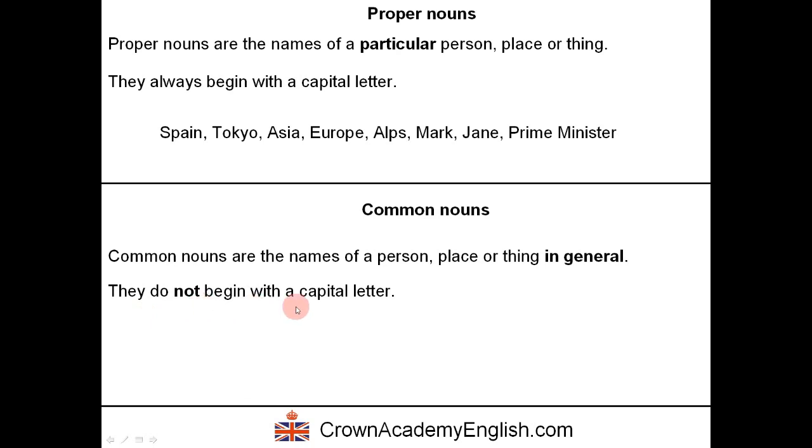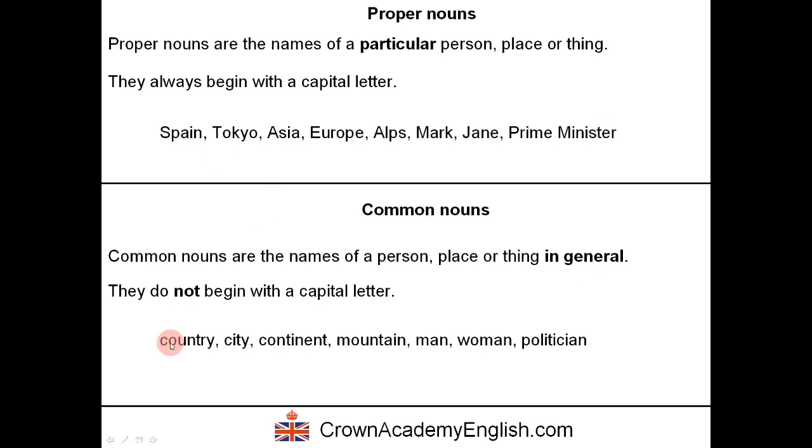Therefore, they do not begin with a capital letter. So here are some examples. We have the word country, city, continent, mountain, man, woman, politician. Notice that these are general, and these are specific examples.